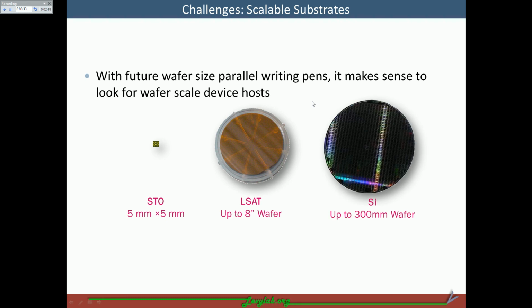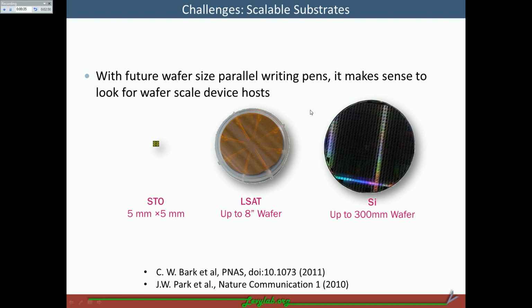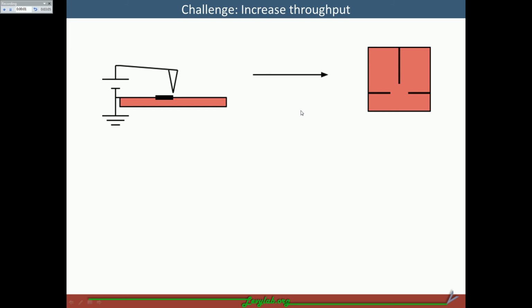This has actually been demonstrated on LSAT wafers and silicon wafers, which can be grown up to 8 inches and 12 inches respectively.